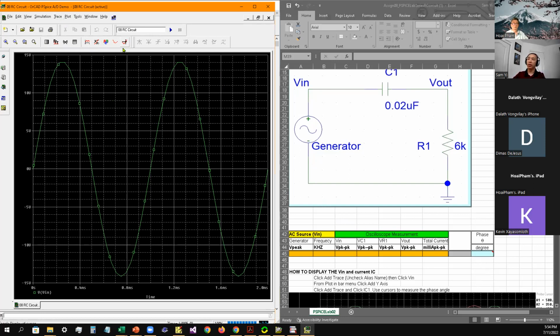Next, click on that, and then the cursor. My cursor is not working like the one on my other computer, so I'm sorry that it doesn't show you the right way. But you can put the cursor and choose these options here. Right there would be my maximum voltage, the V peak.